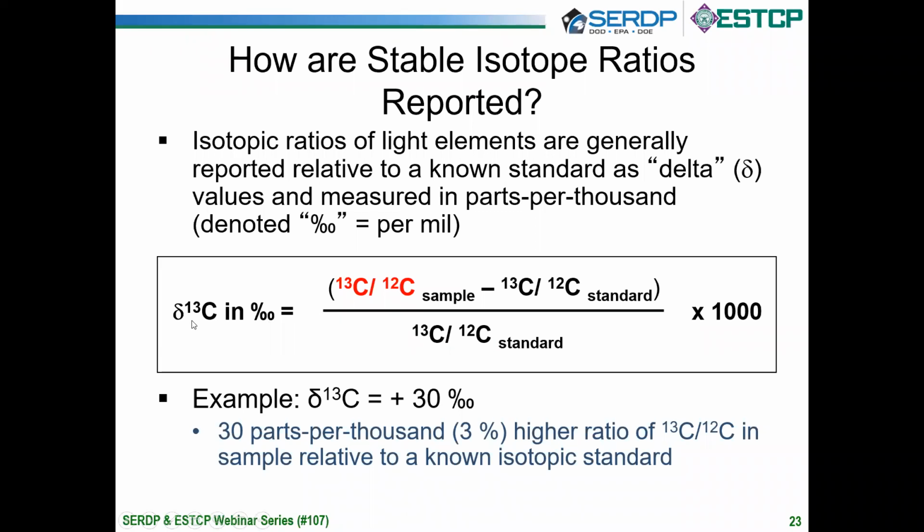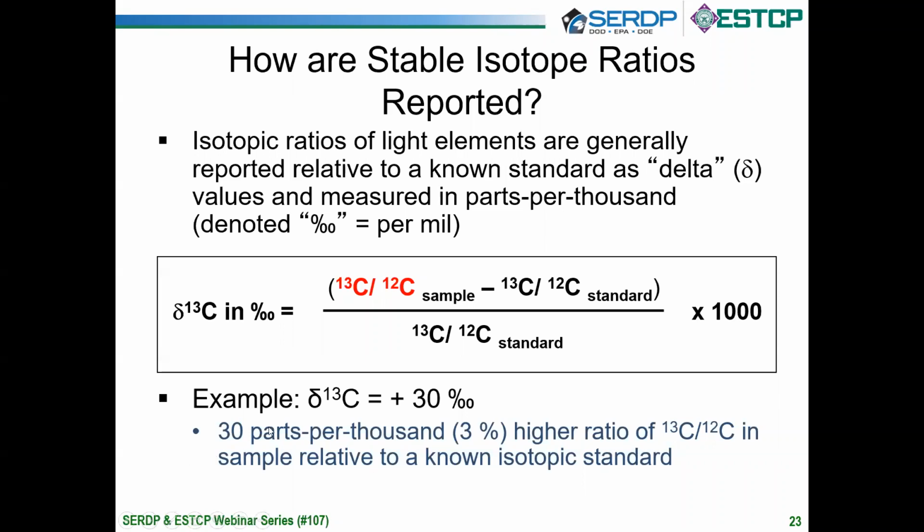But essentially, in these cases, this delta C13 is the ratio of carbon-13 to 12 in a sample, minus that in a standard, and there are international standards for each of these different elements that are used broadly among labs, divided by the standard, and that becomes a very small number. It's usually a couple of points beyond the decimal point, so this is multiplied by 1,000, generally to give you whole numbers.